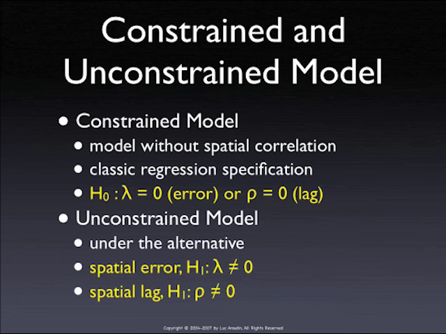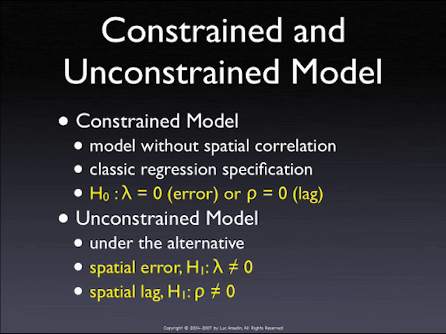The constraint for the lag model will be rho set to 0. And then the alternative is when these are non-zero. I've kept it simple here and only considered a single alternative. Obviously, there are all kinds of combinations possible, where one is 0 conditional on the other one being non-zero, or conditional on the other one being 0, or they can both be non-zero, and we'll talk about that later.